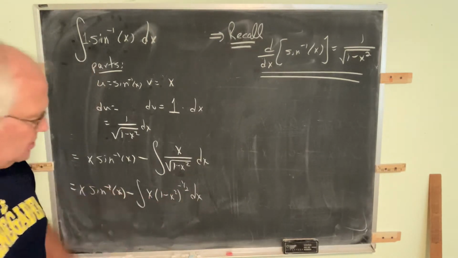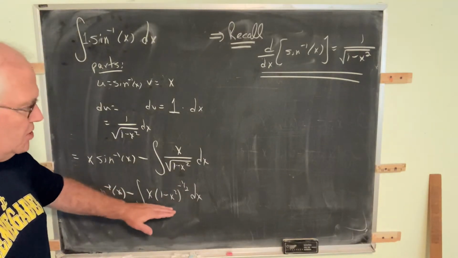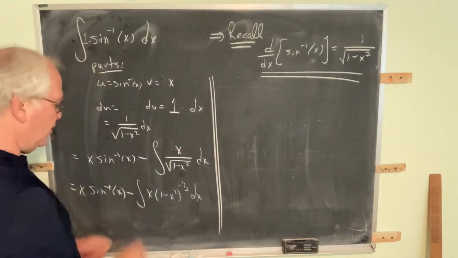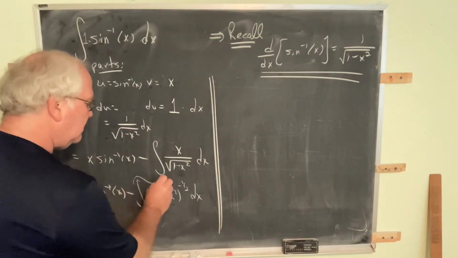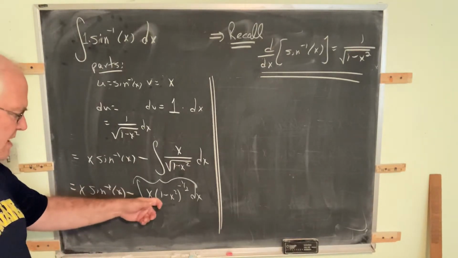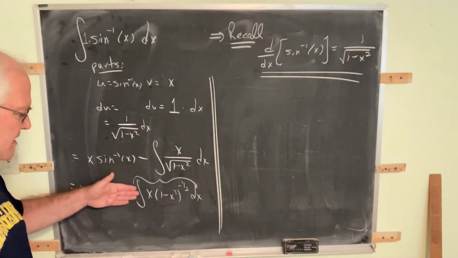I'm going to use exponential form here. So what I'm going to do is remove this piece, leave this alone, and just work with this piece, leaving the negative sign out even.